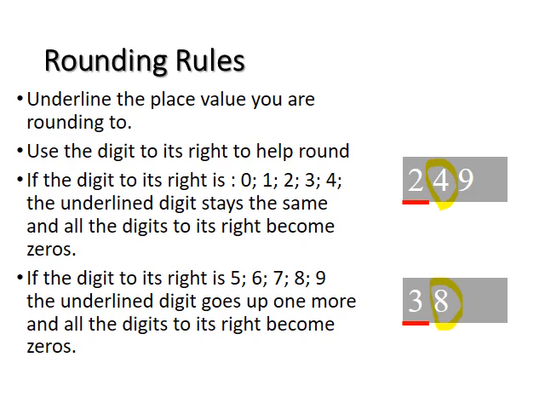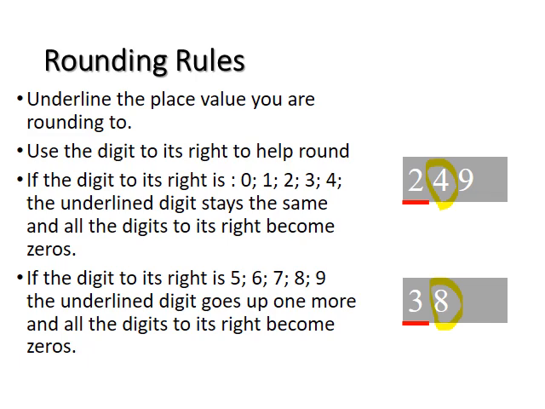If the digit on its right is 0, 1, 2, 3, 4, so it's less than 5, the underlined digit stays the same and all the digits to its right become zeros. So 2 will stay the same and 4 and 9 will become zeros. But if the digit to its right is 5, 6, 7, 8 or 9, the underlined digit goes up one more and all the digits to its right become 0.